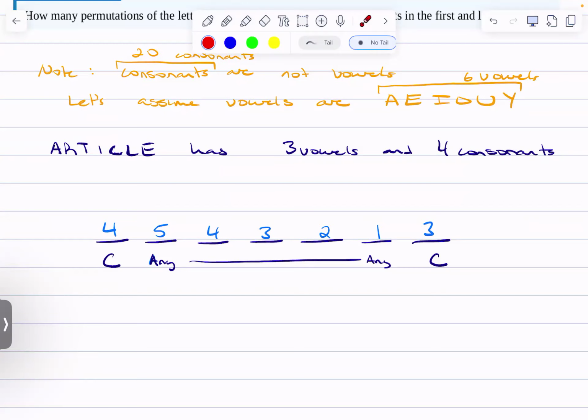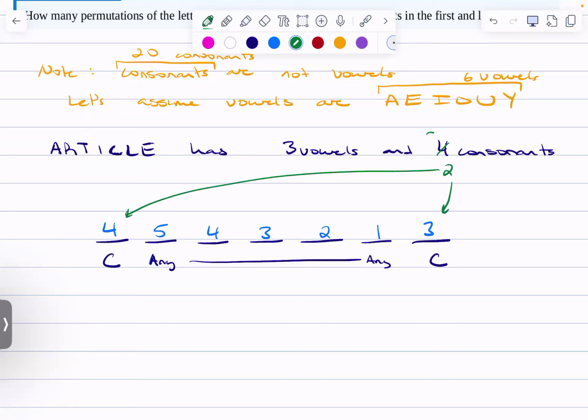Oh, because from any, we've used up 2 of these consonants, right? 2 of these have gone here and here. And so now I have 2 plus 3 of any of them left. So here, 2 plus 3 remain.